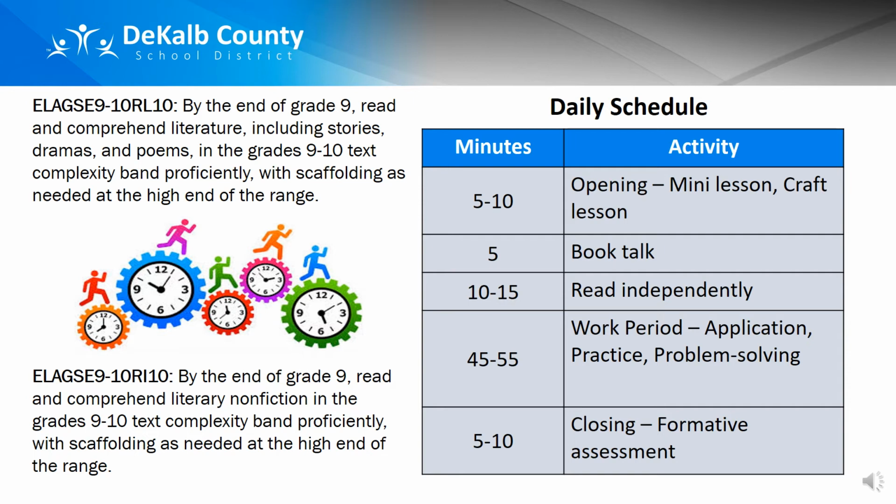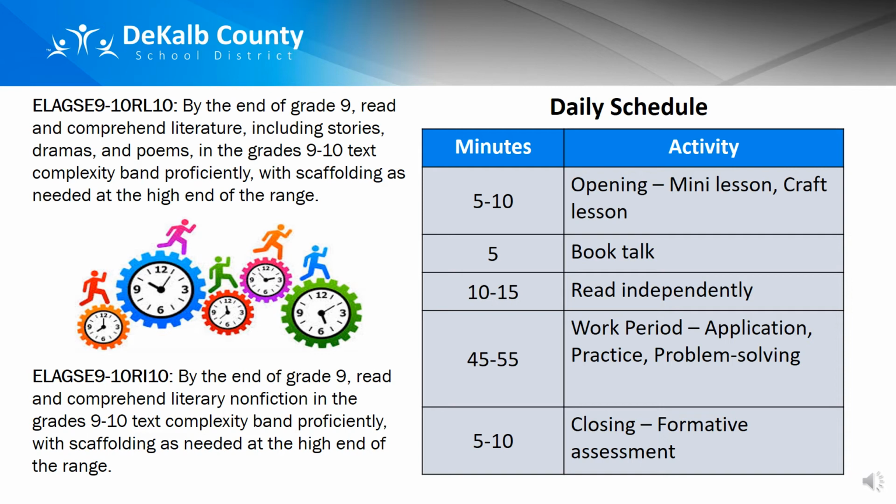As a reminder, RL10 and RI10 standards for grades 6-12 are similar in that each set of standards expect students to be able to read at the high end of the range with scaffolded support. Including independent reading into your daily agenda ultimately supports students' ability to read at the high end of the range.